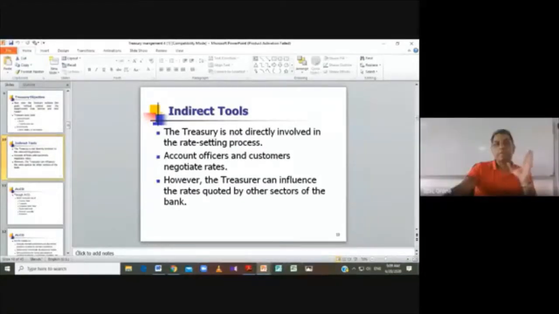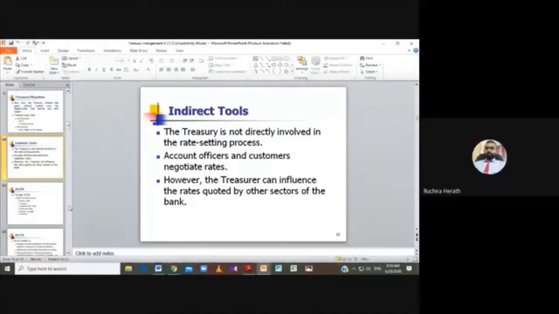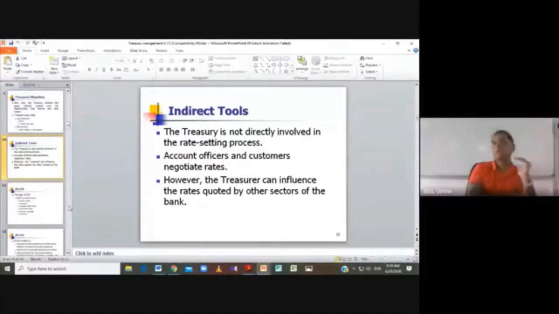But if you have given an exceptional rate, that has to be documented by the treasurer, saying that, look, this such and such a person, because of these reasons, because it's a large value, we need the liquidity, we think it's a good time to borrow, and so on. They have to document that in whatever system, it could be email communication, it could be a system entry, but it has to be clearly documented.